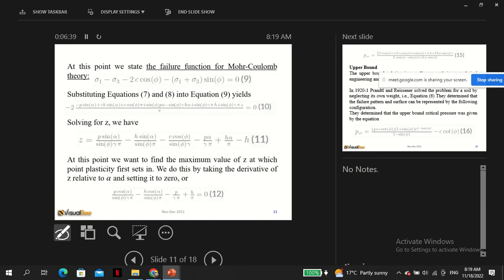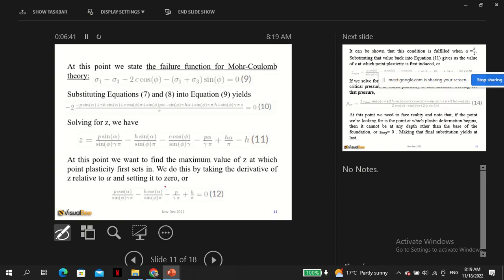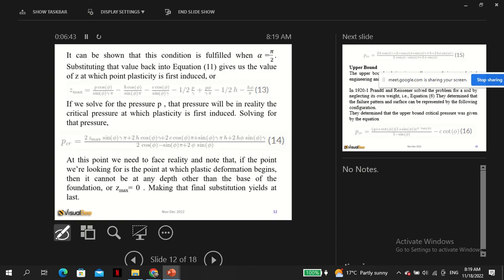So this condition here is fulfilled when alpha is pi over 2. That means that is the solution.